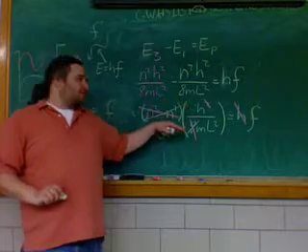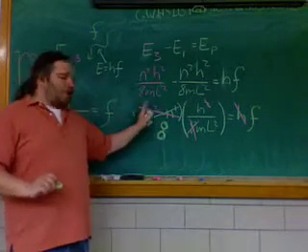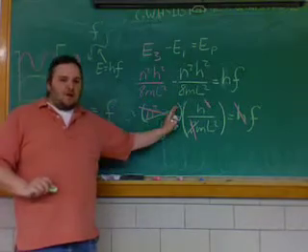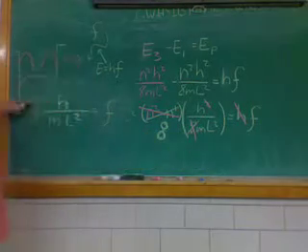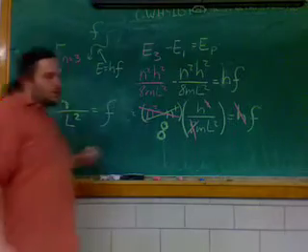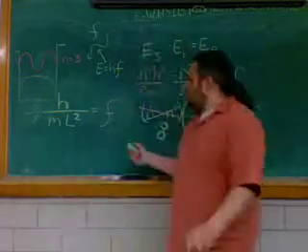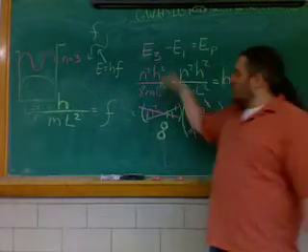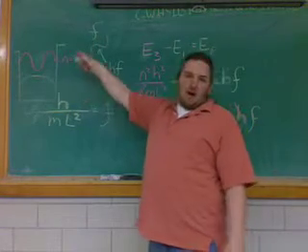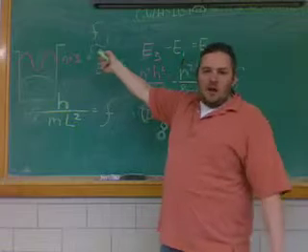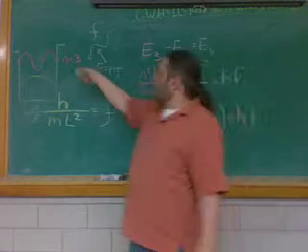Cool? And that's all you would do to determine the frequency of the light coming in to elevate that electron up to the higher energy level. Now, you could do it in reverse, just the same way. It starts off at this energy level and works its way down to this energy level. The frequency of light it would give off going from here to here is going to be the same.